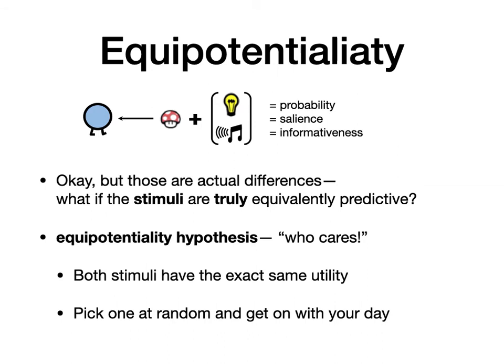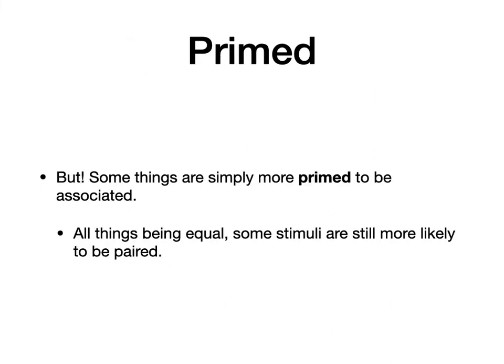But that's given that all things being equal, that's the predicate here, right? Things must all be equal for that randomness to happen. In fact, there are certain things that our systems are primed for. Some things are just primed more likely to be associated with other things. All things being equal, some stimuli are just more pairable.